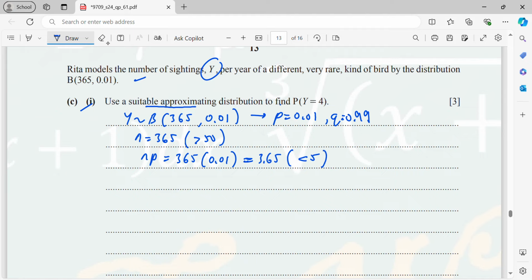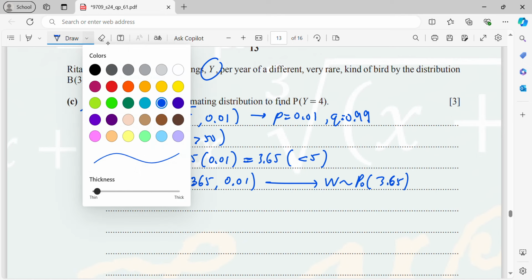Therefore, it will be Poisson distributed, because your np is small. If your np is greater than 5, then it will be normally distributed. So that means now here your Y, initially binomial distributed with 365 and 0.01, is now approximated to Poisson because np is less than 5, even though n is greater than 50. So the mean is 3.65.